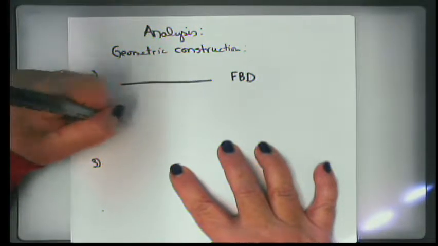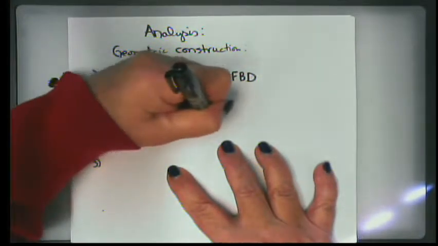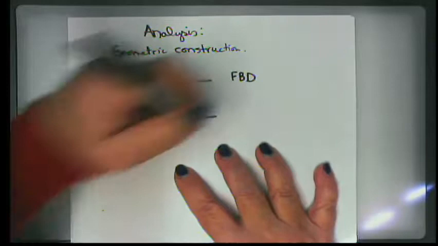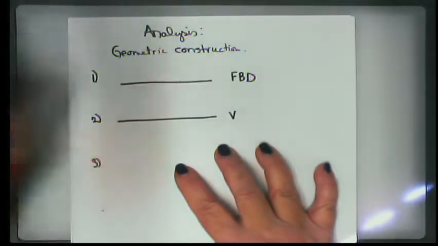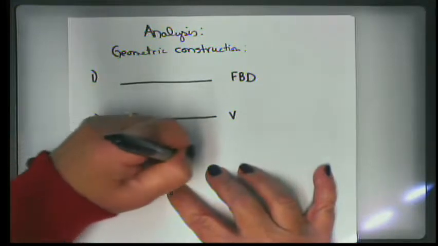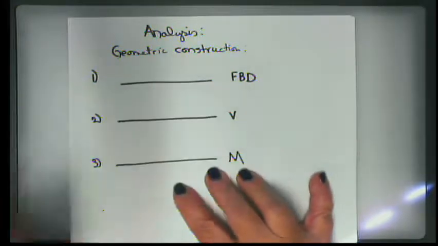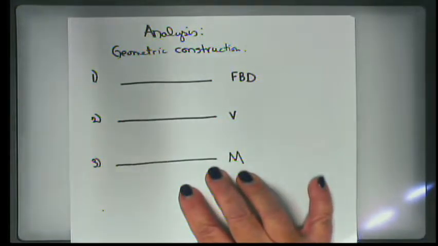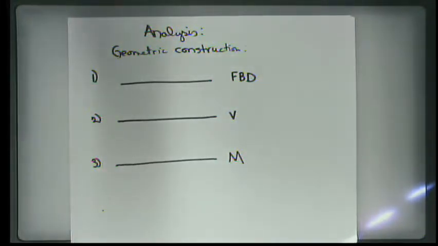And from that beam, underneath it, you will then draw a shear diagram of that beam. And underneath that, you will draw a moment diagram of that beam. Okay? So what I'm going to do today is to give you a couple of examples of what your homework solutions will look like. This is very different. There's very little equation math. This is visual math.